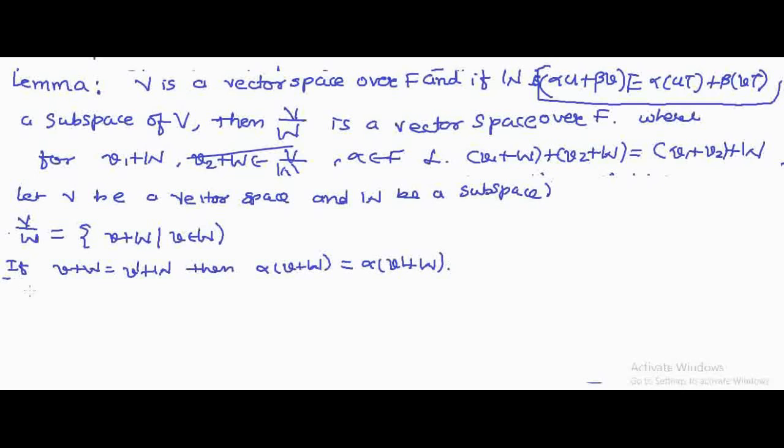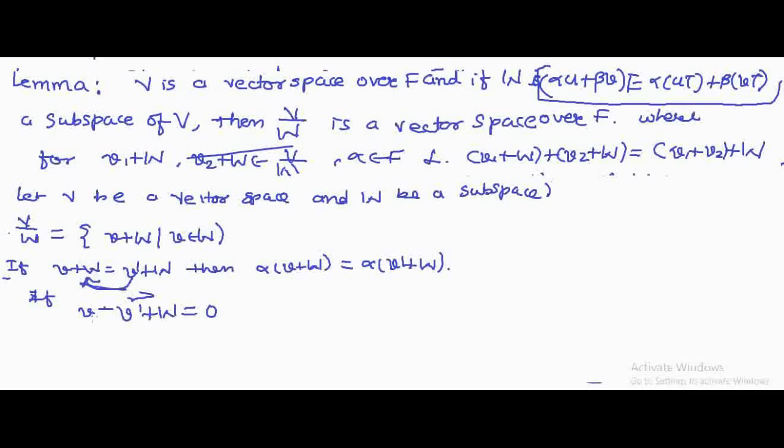Therefore, if V plus W equal to V dash plus W, then we get V minus V dash plus W equal to 0.